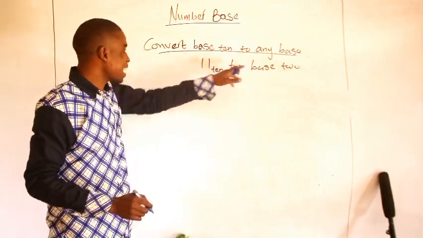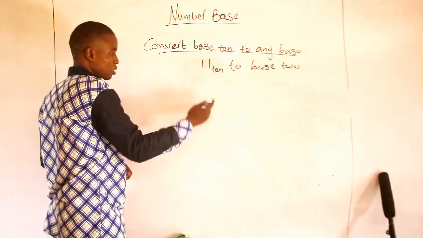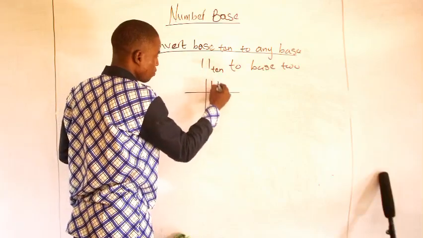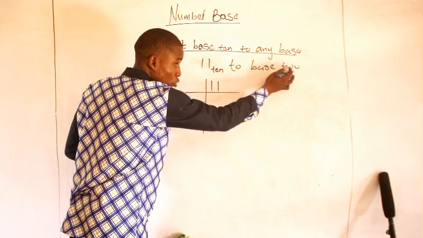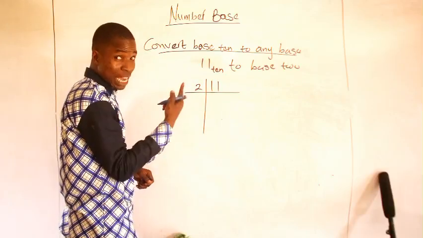They can call it binary number. Binary number is still the same thing as base 2. How can we do that? Just rule a line. Put this one here, 11, and the one that you want to convert it to here. Simple.